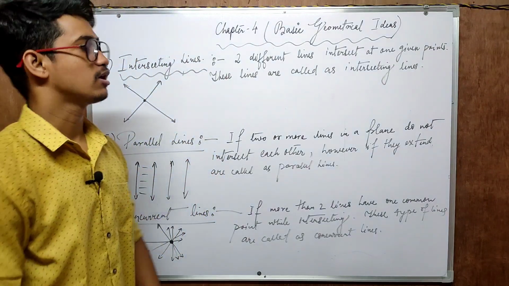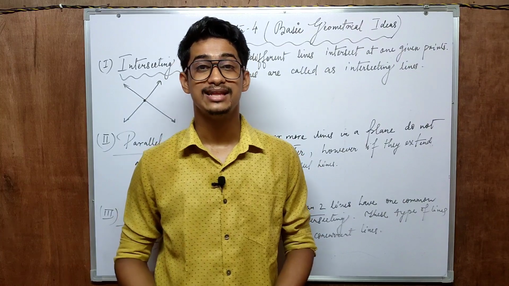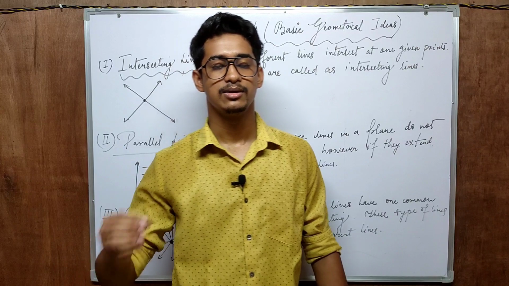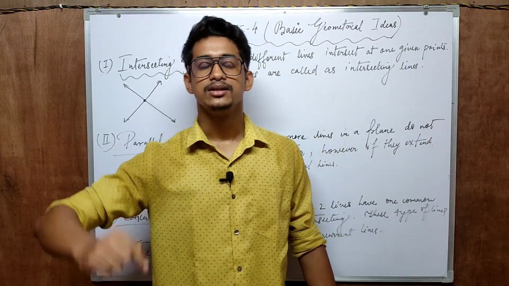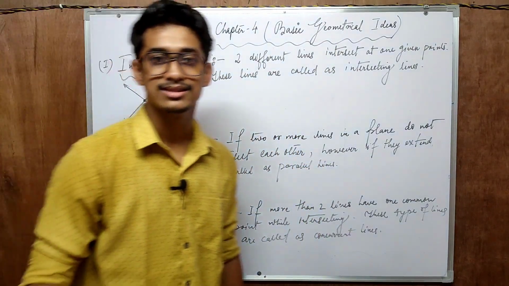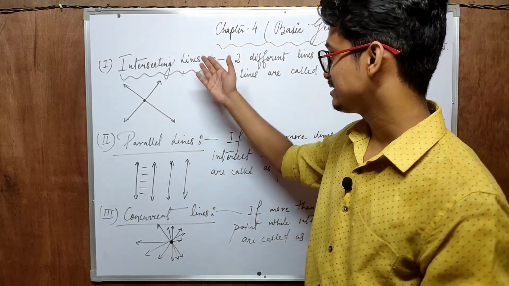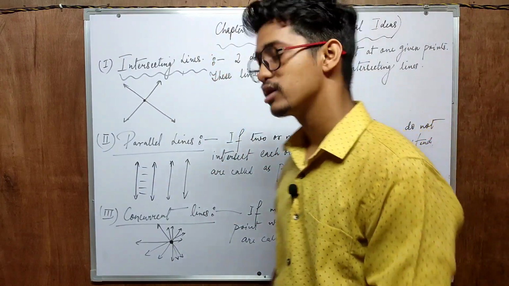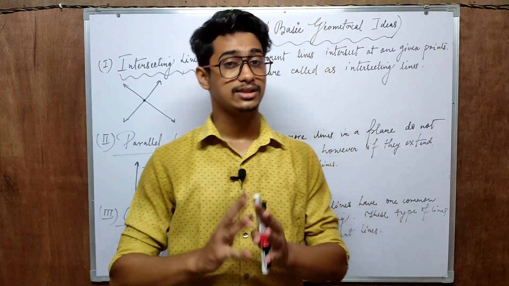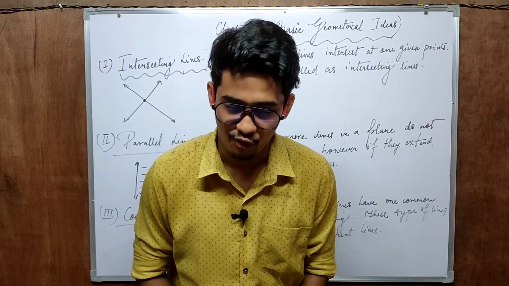After that we focused on point, and then collinear points. After that we understood line segment, ray, and the relation between lines and points, and later intersecting lines, parallel lines, and concurrent lines. After understanding all such concepts, let's move on to our exercise, exercise 4A.